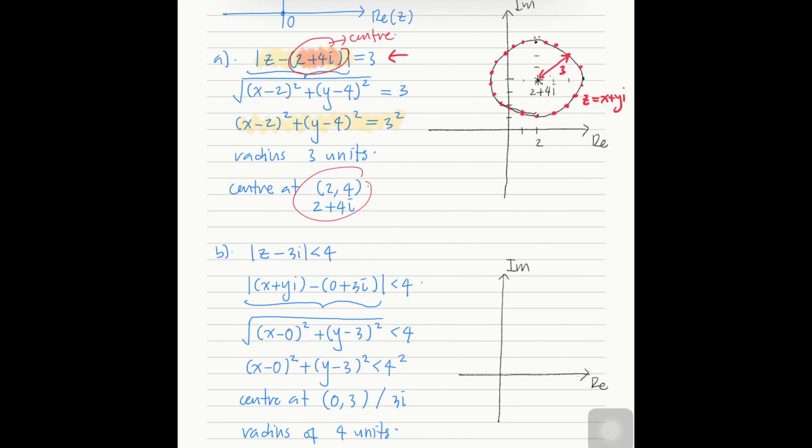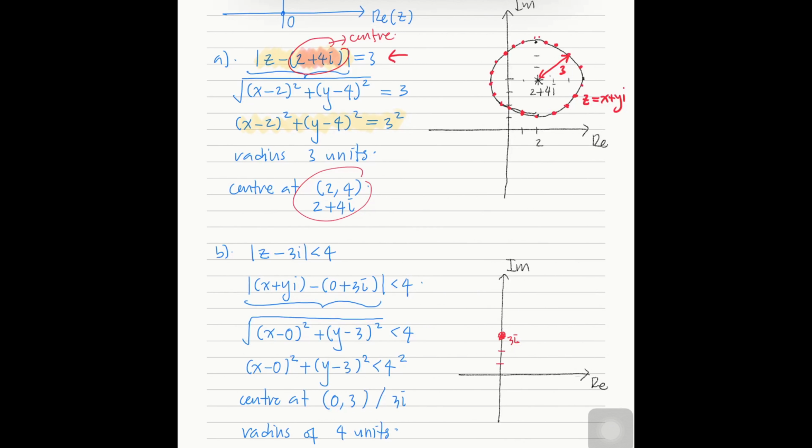First we need to locate the center. The center is again 3i, so 1, 2, 3. Here is the center denoted by 3i. Next we draw the circle with radius 4 units.